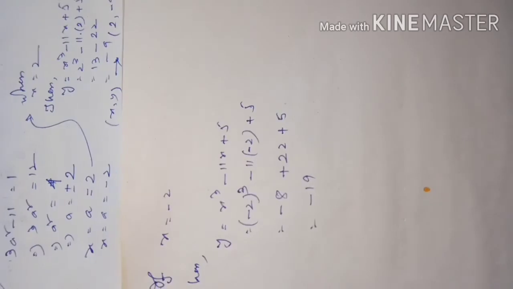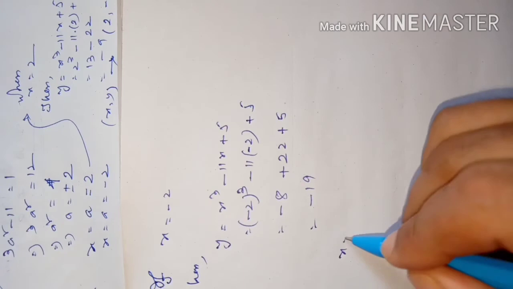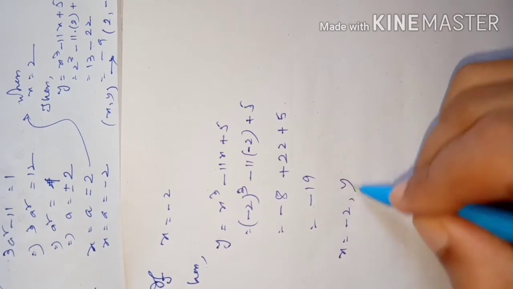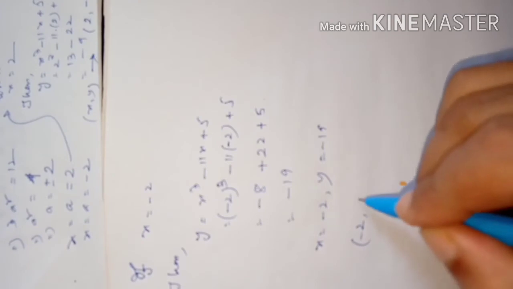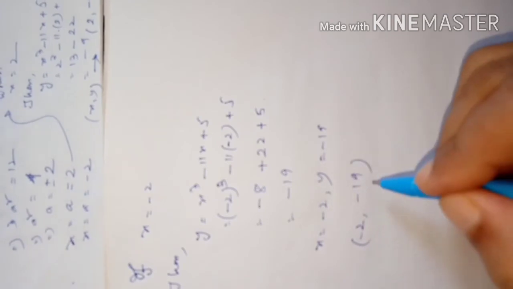So x equal to minus 2 and y is equal to minus 19. That is, we got two pairs, one is minus 2 comma minus 19, another is 2 comma minus 9.